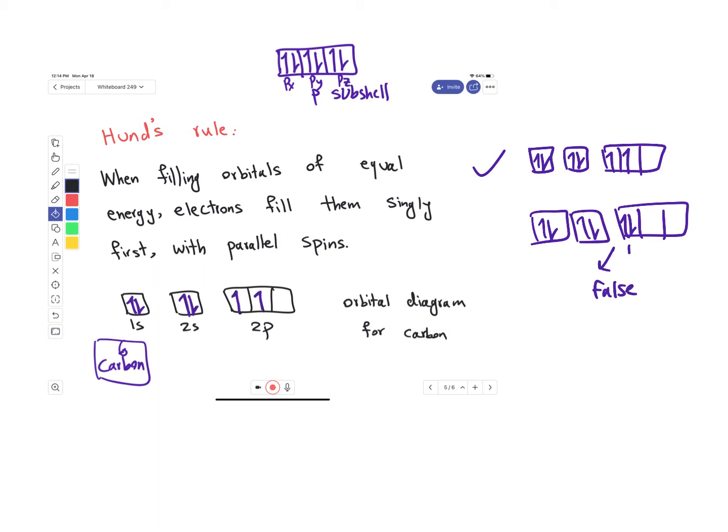Remember, your p orbitals have the same amount of energy, each of them. First, we fill them singly, and then we pair them up. In the case of carbon, in the p subshell, we only have 2 electrons, okay? So is this obvious to everyone why this one is not correct? Any questions?